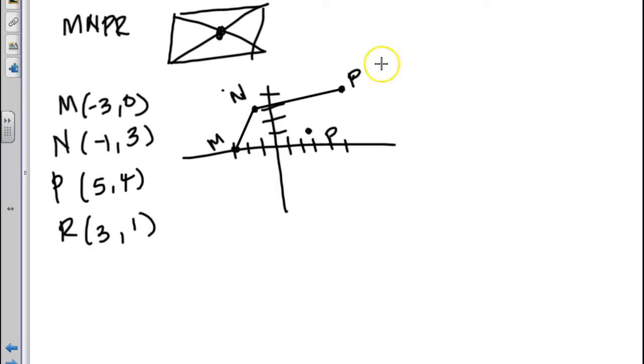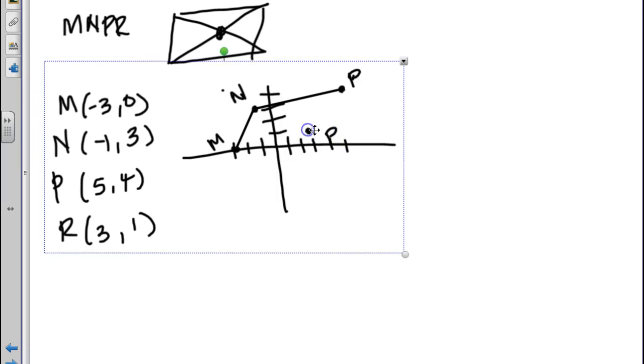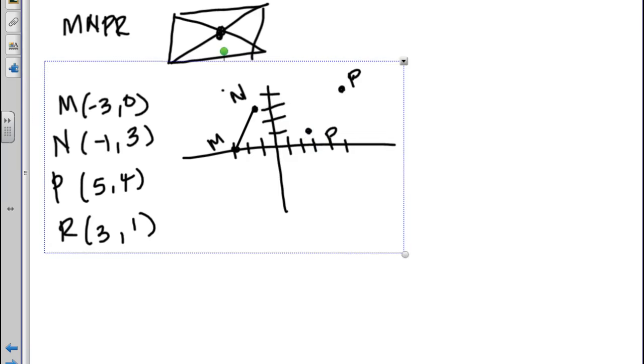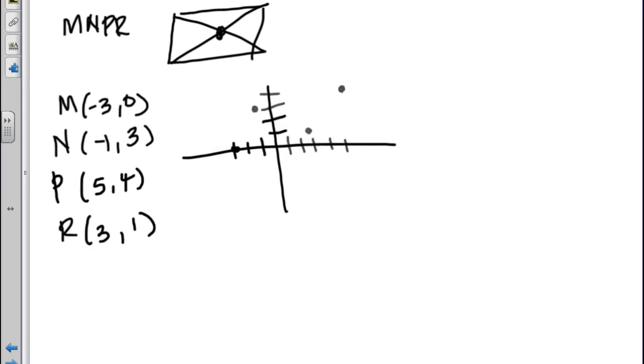Let's see if I can get that to move just a little bit. No, it will not. Awesome sauce. See if I can do a little bit better job here. All right, so negative 3, 0, negative 1, 3, 5, 4, and 3, 1.